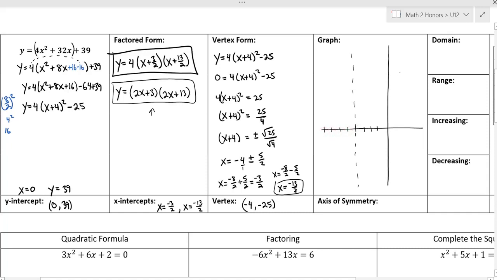We have y-intercept at 0, 39. A matching point on the other side at negative 8, 39. We have a vertex at negative 4, negative 25.